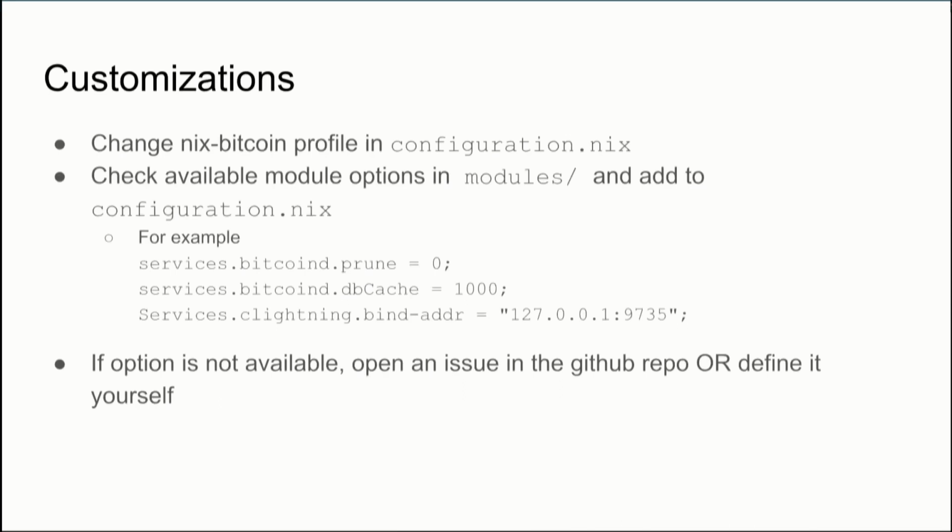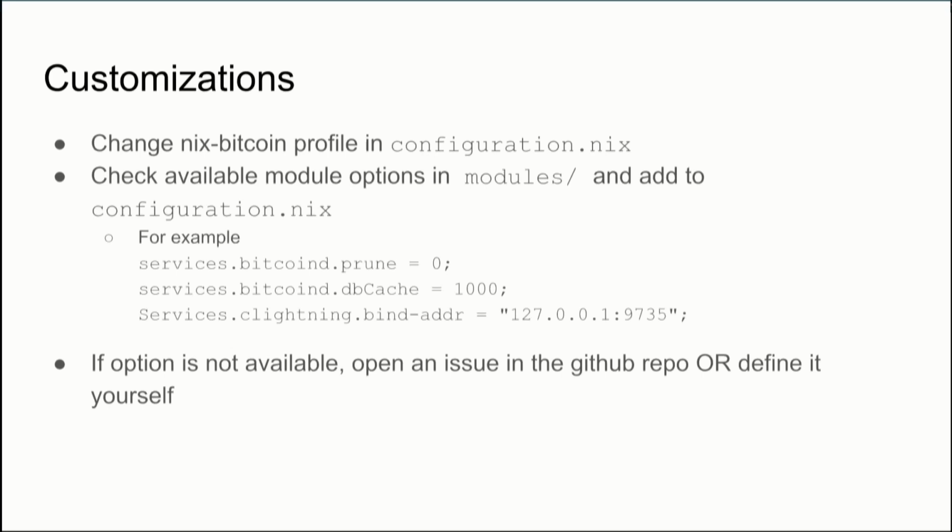Interesting would be how to customize this thing. So one easy thing you can do is you can change the profile, but there's only two right now, so that's not very interesting. You can also check the available module options in the modules directory and add them to the configuration.nix. So for example, you can set specific pruning parameters.